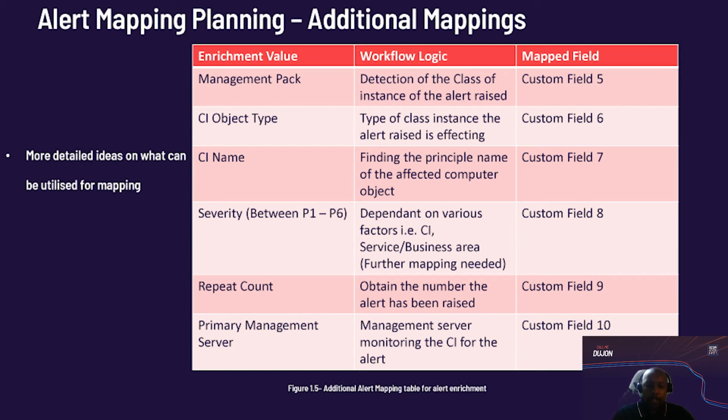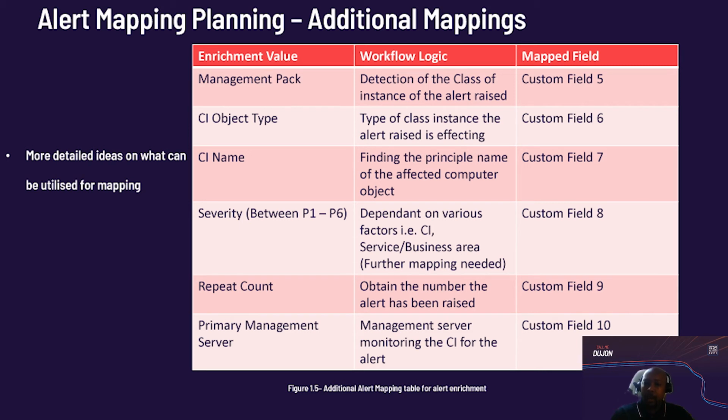And then the next part is the primary management server. This is defined quite early on, which we will show a little bit more later on. So the primary management server is, for the SCOM agent that's being monitored, which management server is looking after that. And that is important as well because we may have multiple management servers.